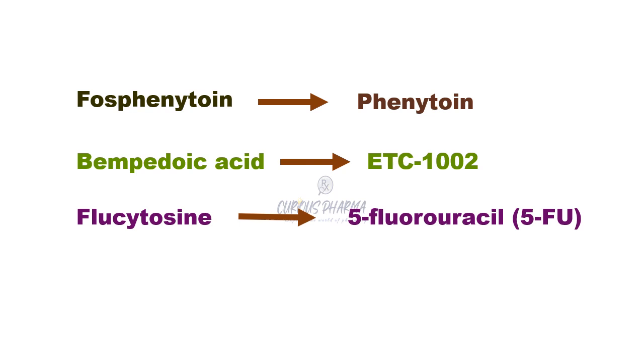Once flucytosine is absorbed into the bloodstream, it is rapidly converted into 5-fluorouracil by the enzymes in the body. The resulting 5-fluorouracil is distributed throughout the body, and it is taken up by fungal cells or cancer cells, where it interferes with DNA synthesis and leads to cell death.